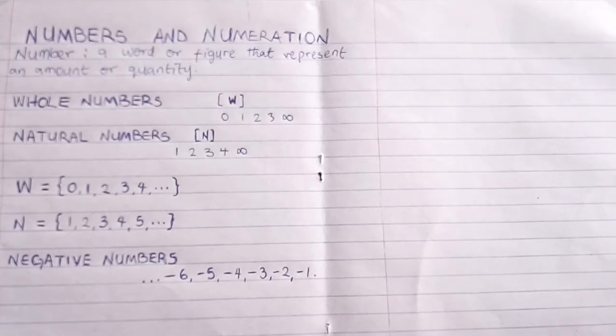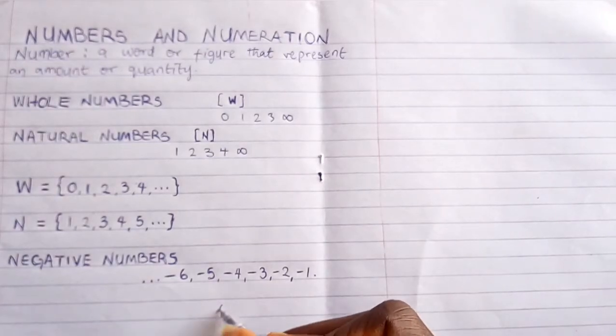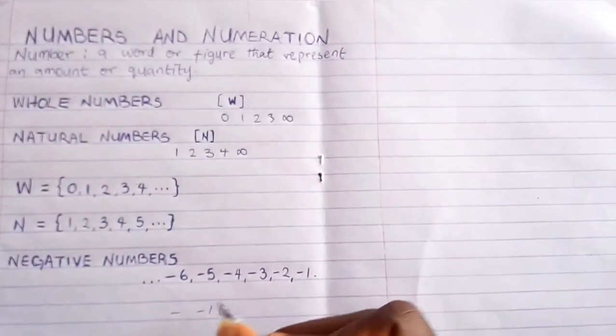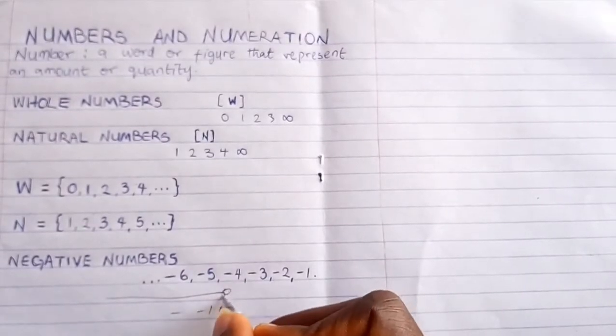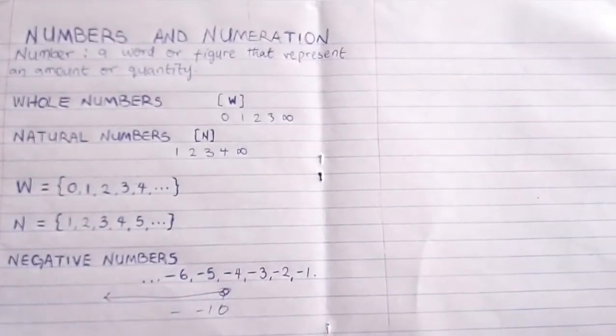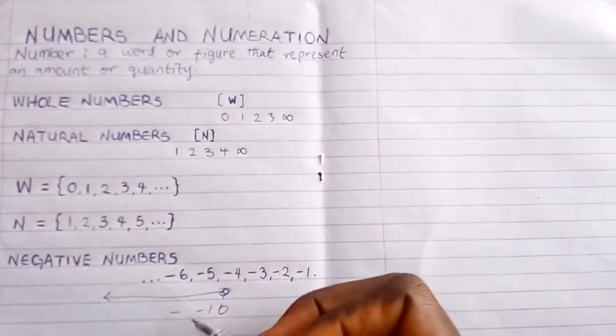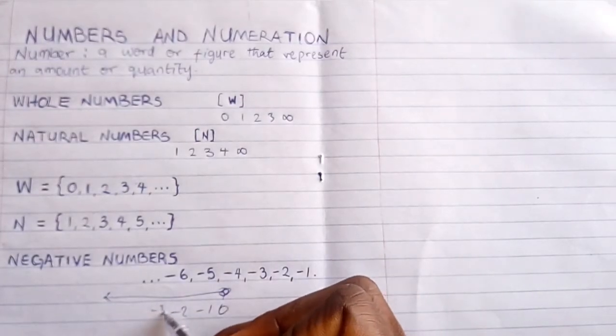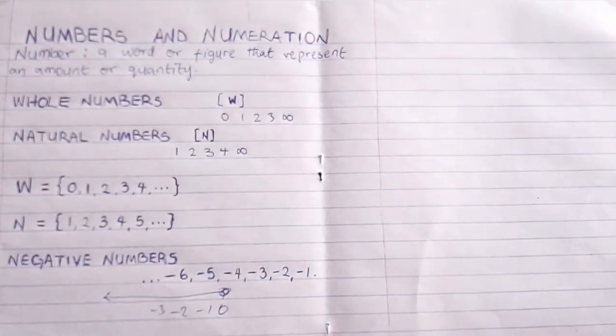This means that 0 is greater than any negative number, even -1 million. 0 is greater than -1 million. So if you're drawing a number line, it means 0, then you start counting 1. So your number line goes this way. If it's a number line, you have your -1, -2, -3, and so on.